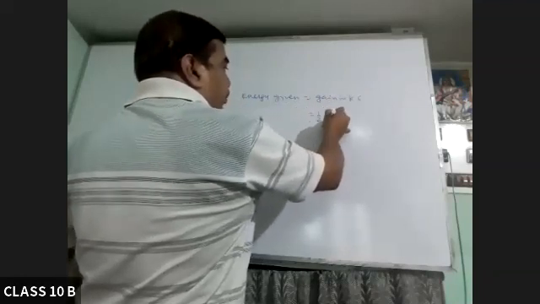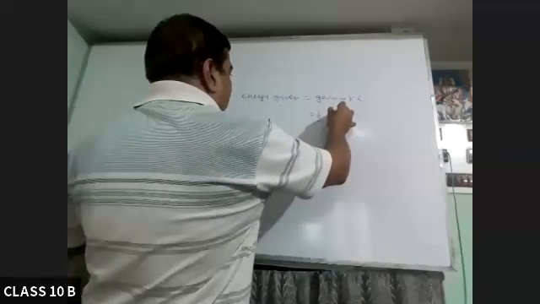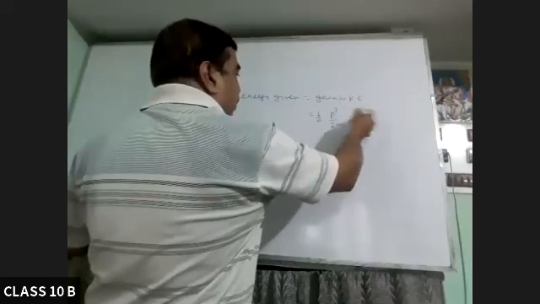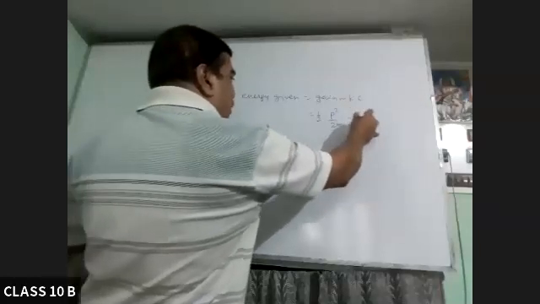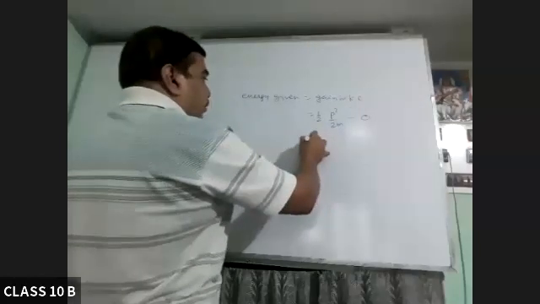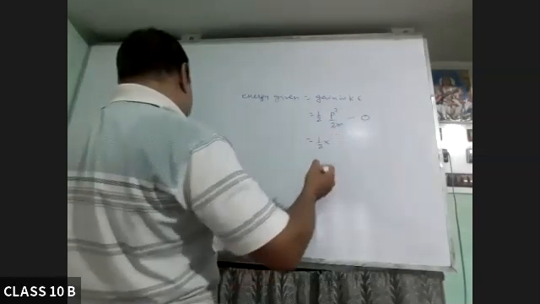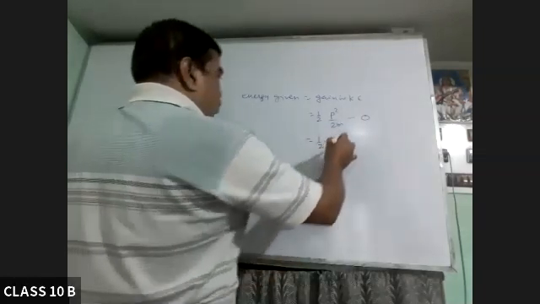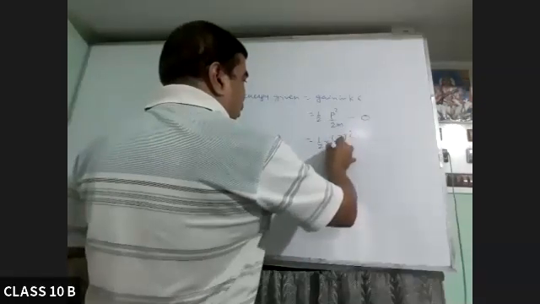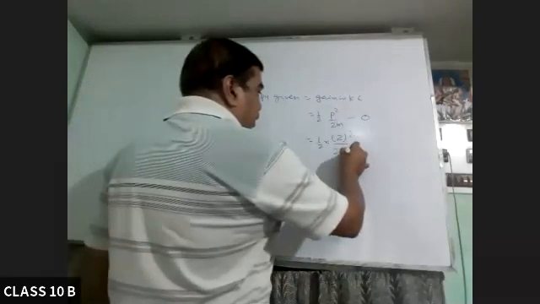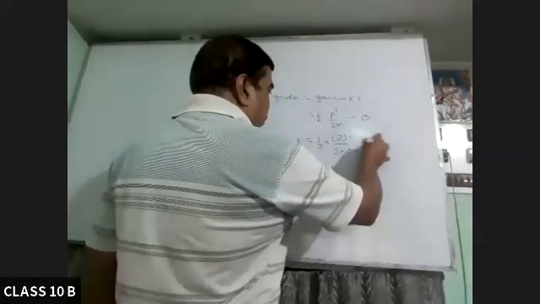So half P square over 2m, that is final minus initial, and initial kinetic energy is 0 only. Linear momentum you are given 2. Mass you are given 100 gram, so we will have to change it to kg. So this much.